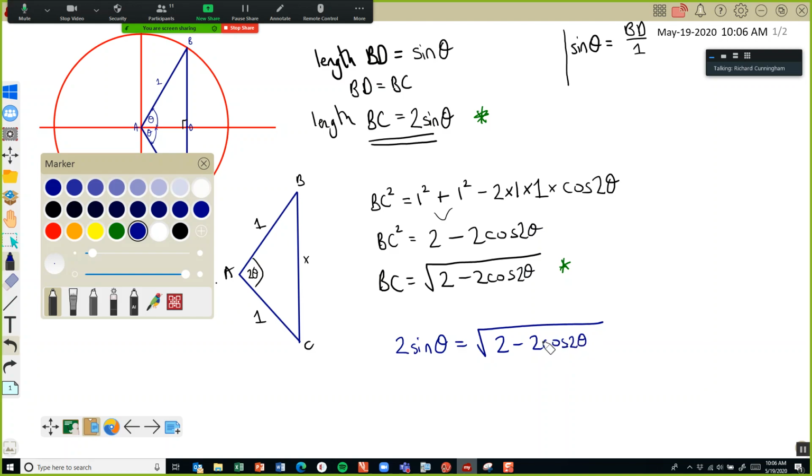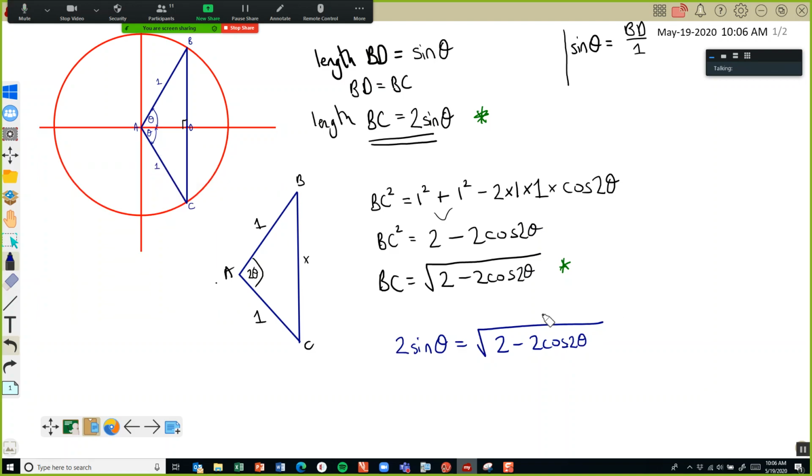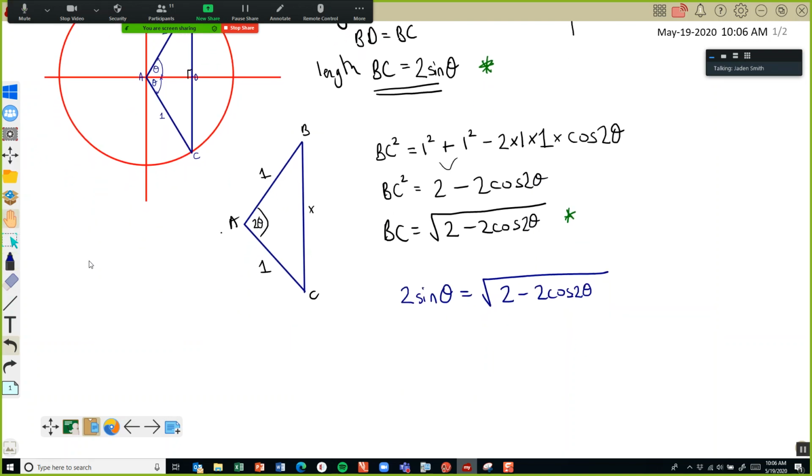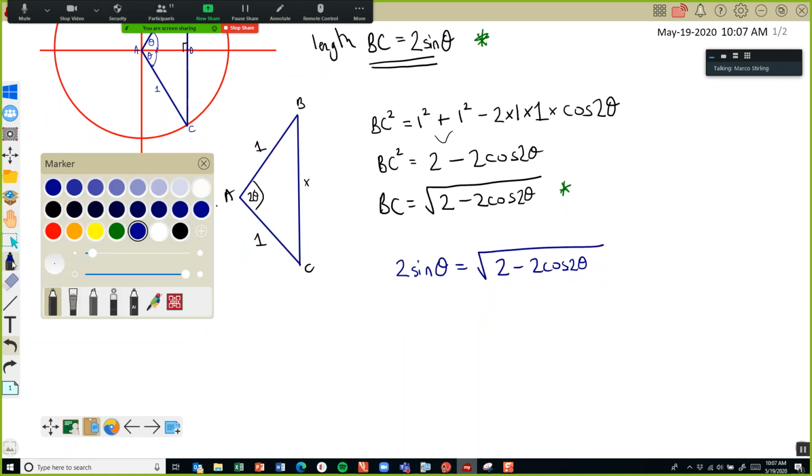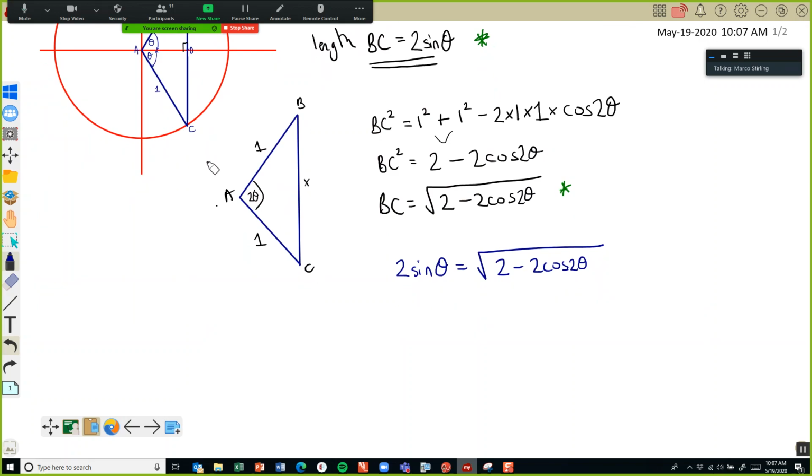So if I want to get this by itself, what do I have to do first to both sides? I want to get the cos 2 theta by itself. What do I have to do to both sides? Yep, square first. Okay, I'm going to square both sides.